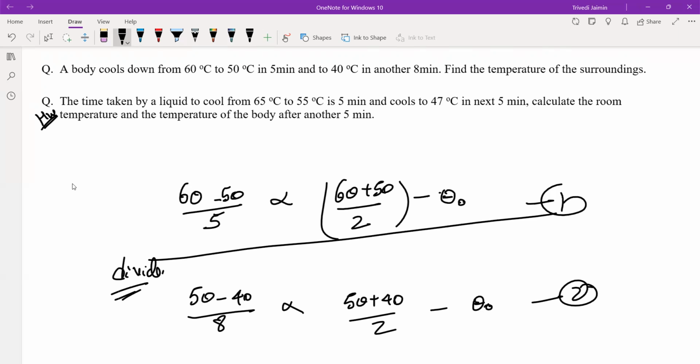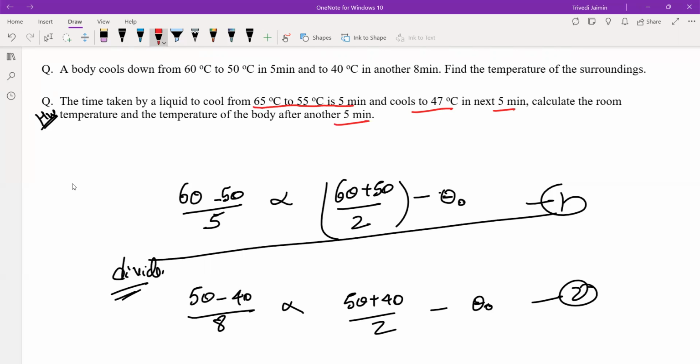This similar way you have to do question number 2 also. Same thing. But you have to do it 3 times. See, first here to this one, 5 minutes, and this one to second one for 5 minutes, and second one.